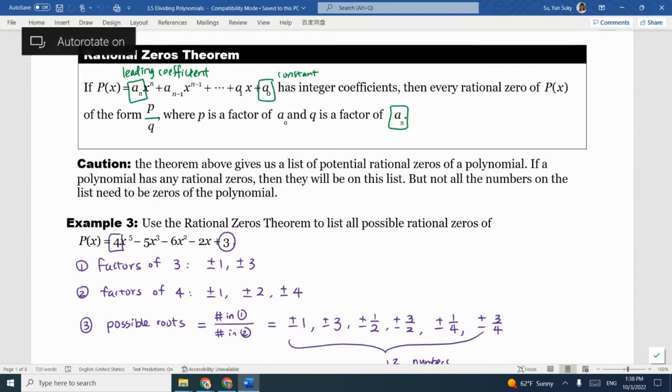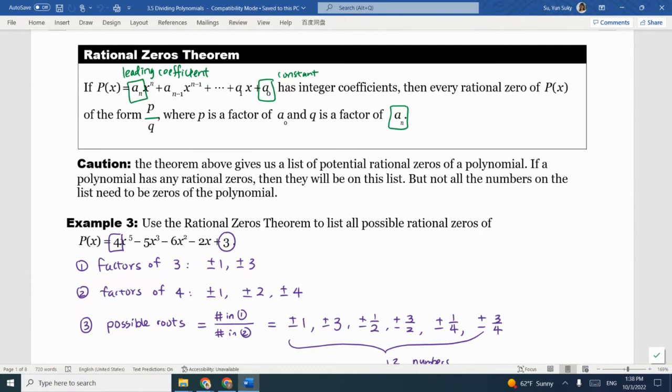Okay, last time, rational zero theorem. We check the factors of the constant term, and then we check the factors of the leading coefficient, and the possible roots are the factors of the constant term divided by the factors of the leading coefficient. Do you remember that, everybody?